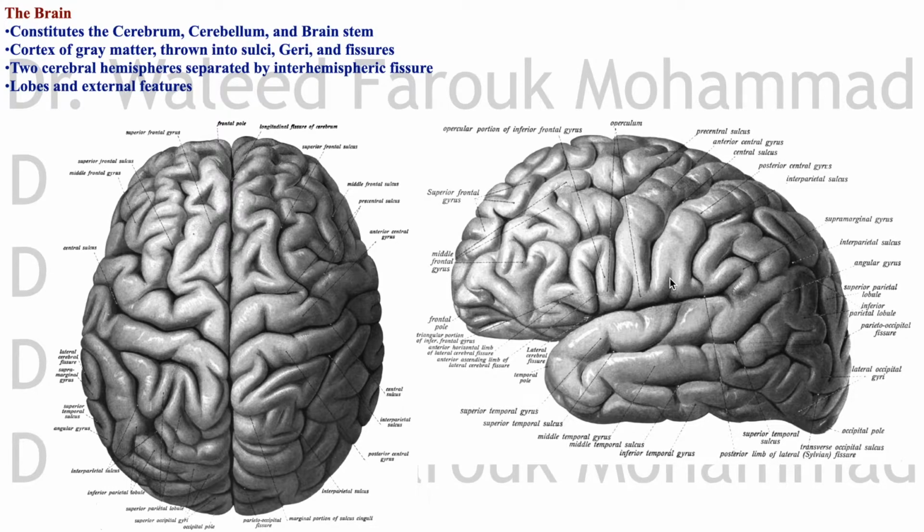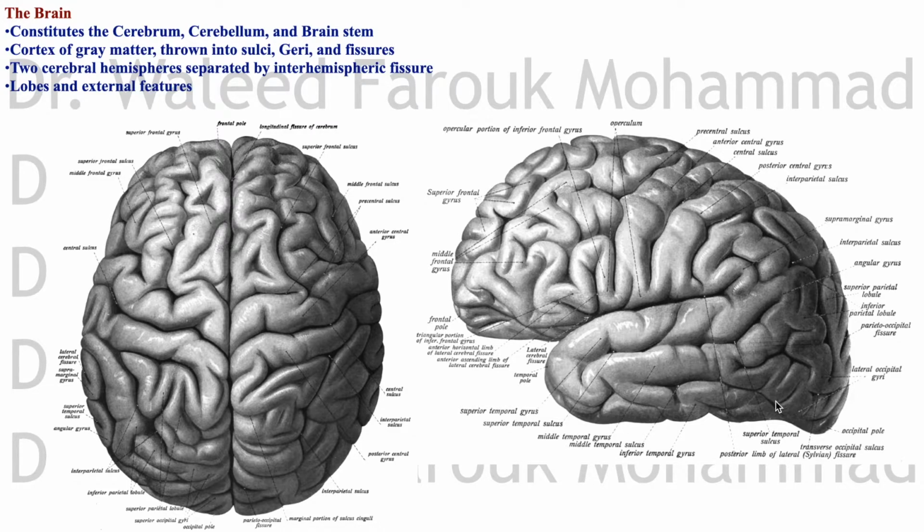And there's another sulcus evident here on the lateral surface, superolateral surface of the brain, which is this one. This is the lateral sulcus that separates the frontal and parietal from the temporal lobe. So now we know where is the frontal lobe, where is the parietal lobe, and where is the temporal lobe.